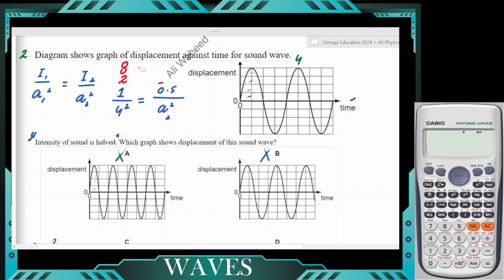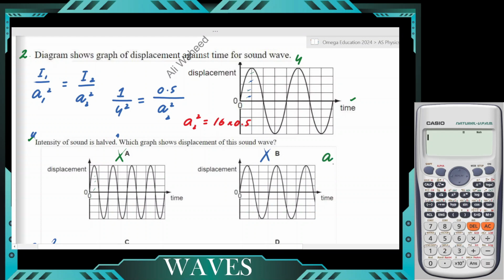So let us cross multiply, and A2 squared would be multiplied by 1, which doesn't make any difference. So 4 squared would be 16, times 0.5. 16 times 0.5 means 8.